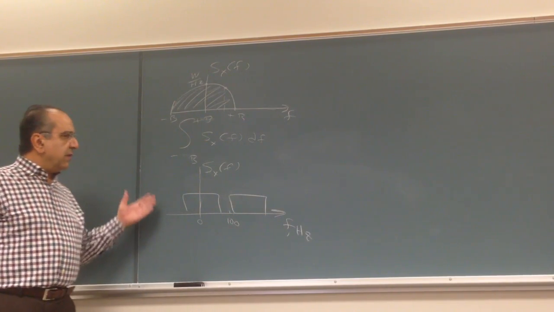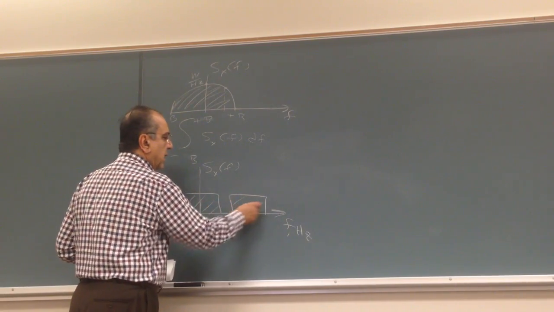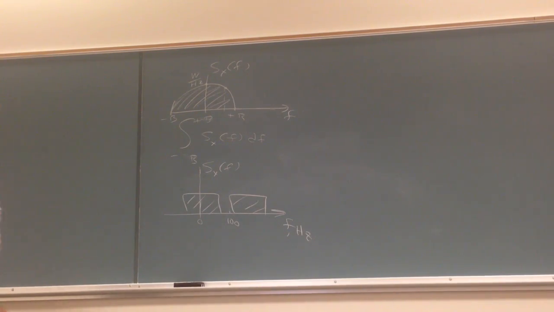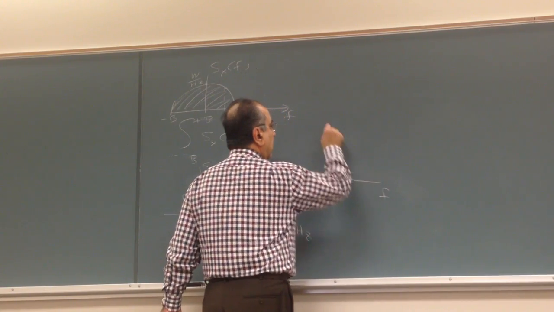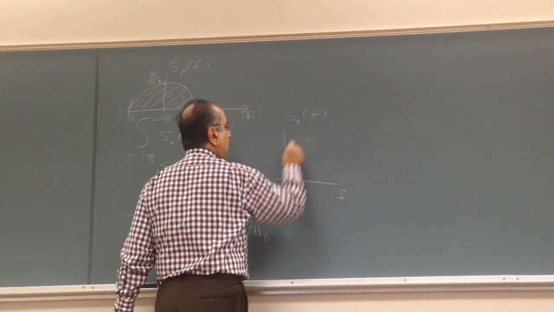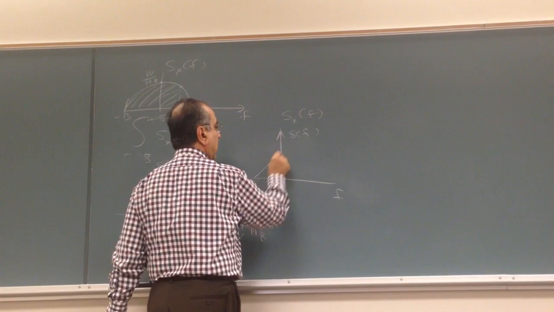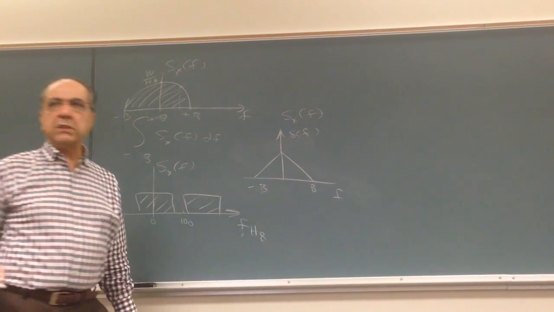If I want the average power in this signal, again, I have to look at the area under this. Or I can have a signal with this kind of power spectral density.